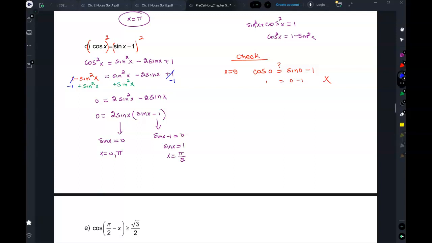Okay, let's do x equals pi. Is cosine of pi the same as sine of pi minus 1? Cosine of pi is negative 1. Sine of pi is 0 minus 1. That totally works. Now let's do pi over 2.